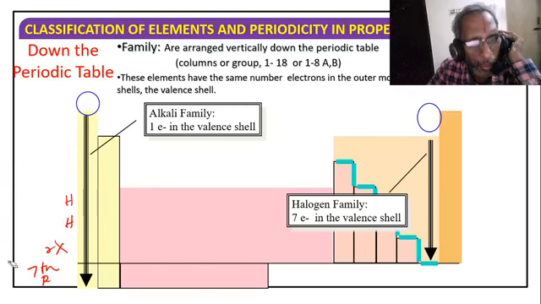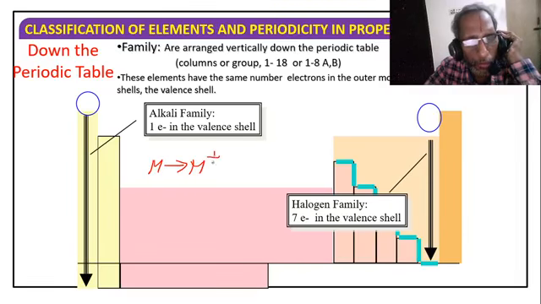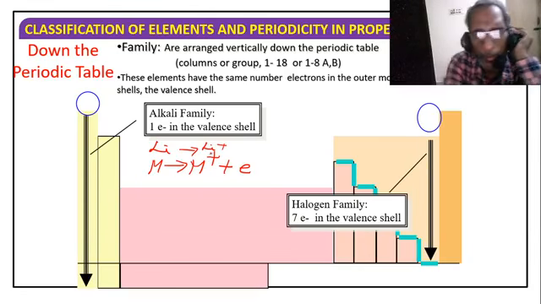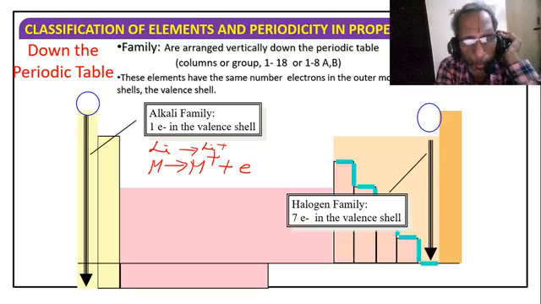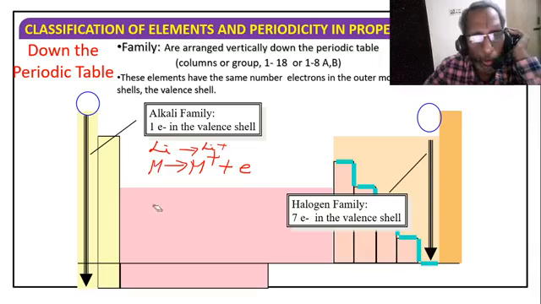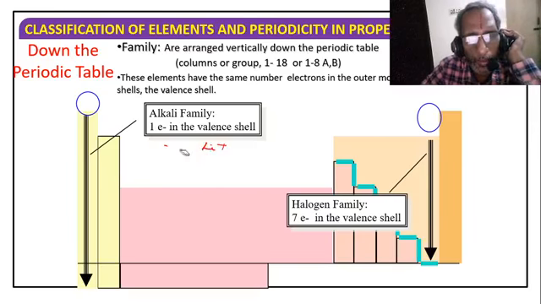They form unit positive ions. These metals give one electron to form a metallic cation: lithium, Li+, sodium, Na+, potassium, K+, rubidium, Rb+, cesium, Cs+. So this is alkali metals.